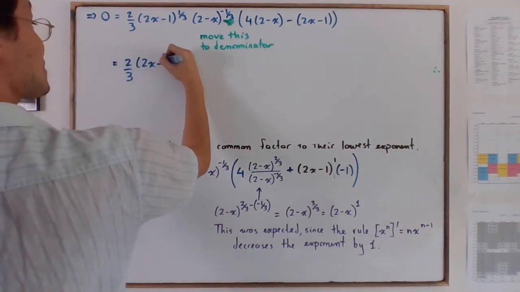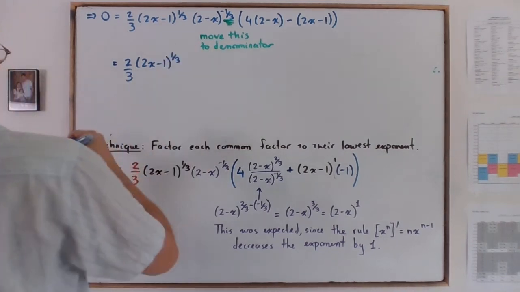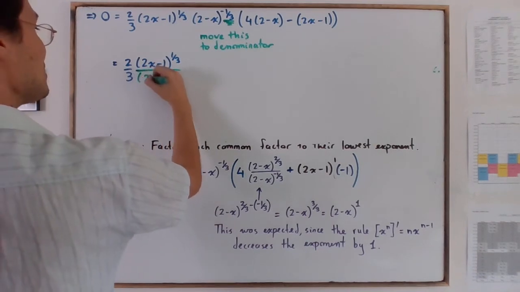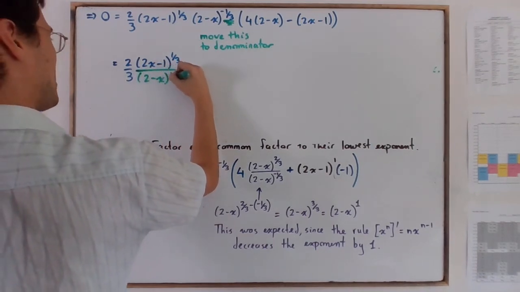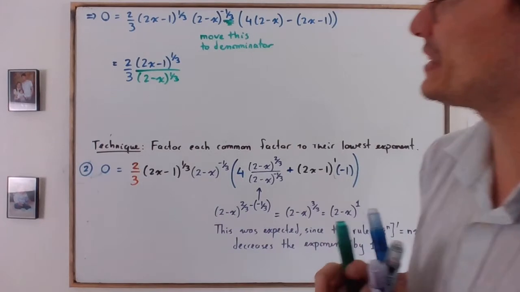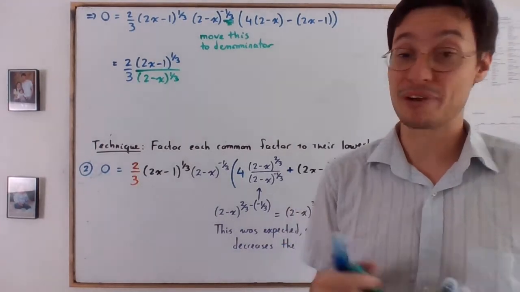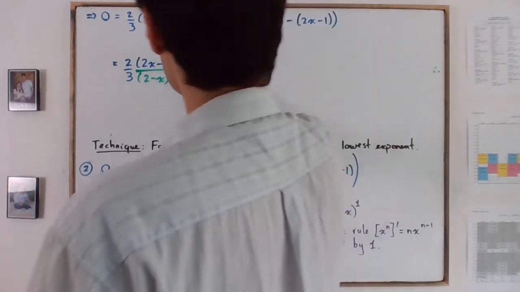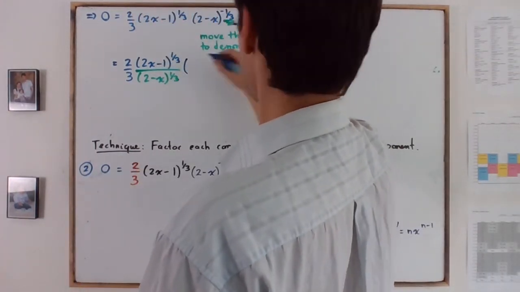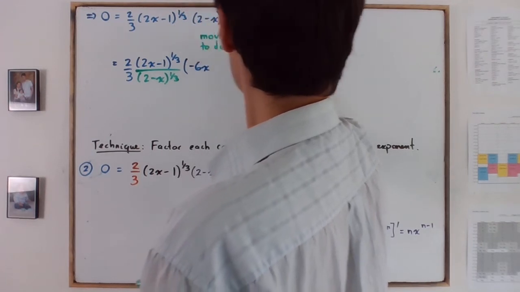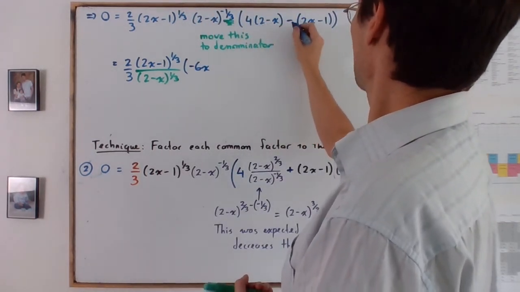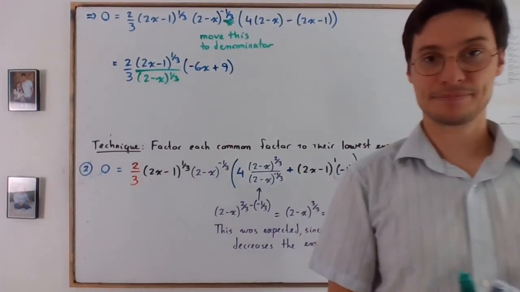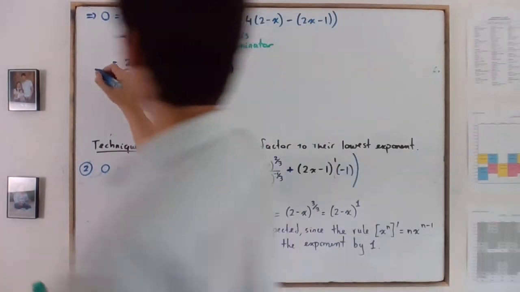You have 2x minus 1 to the 1/3, and then you're going to end up dividing by 2 minus x to the 1/3. And this moving of it to the denominator turns out to be very important. Now you just simplify it. So you have negative 4, negative 2x, so negative 6x, and you have 8 plus 1, so 9. This is what you get in the end. So 0 being equal to that.